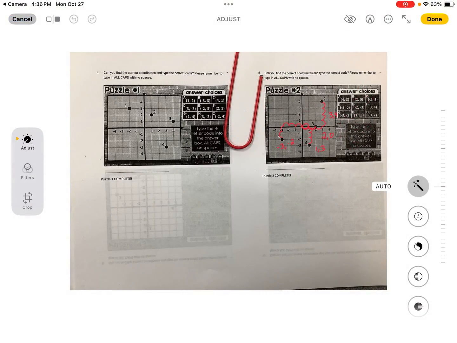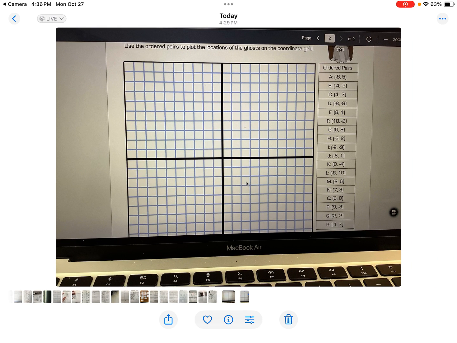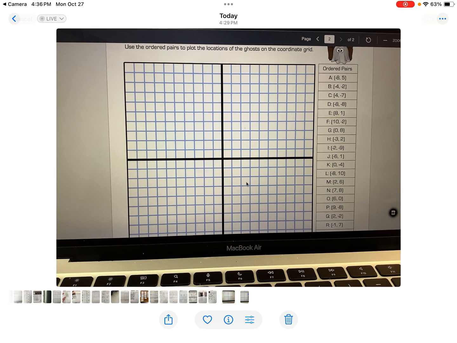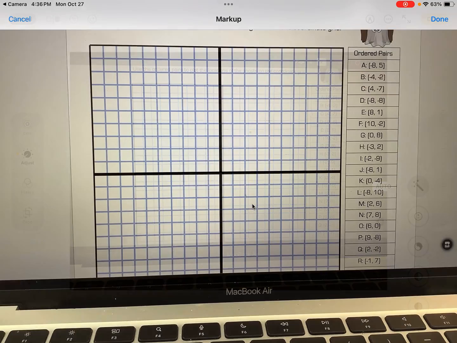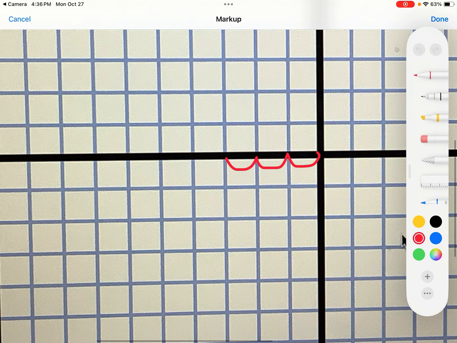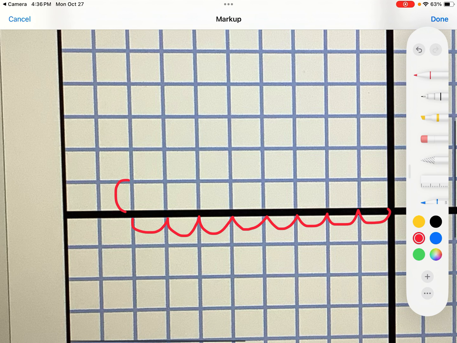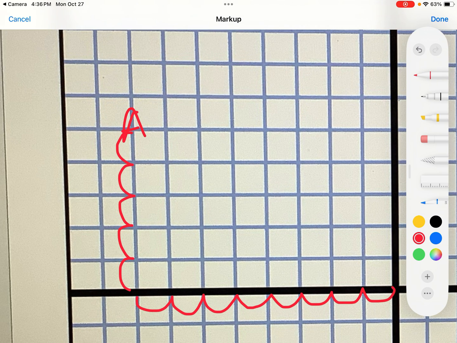And then the last piece of your assignment is going to be graphing the points. So it's going to give you the coordinates. So -8, 5. So that's 1, 2, 3, 4, 5, 6, 7, 8. And then 1, 2, 3, 4, 5. And you're going to actually just put the letter there.